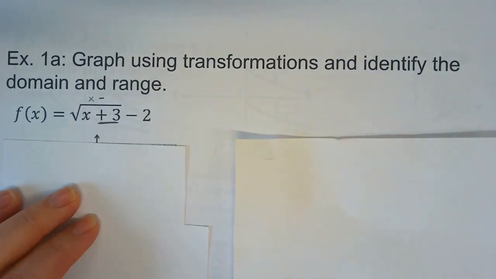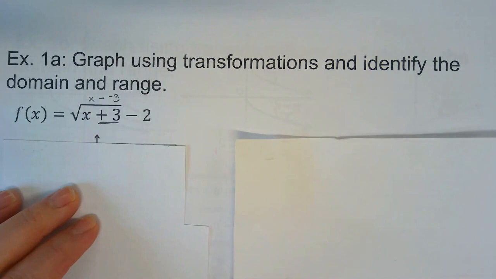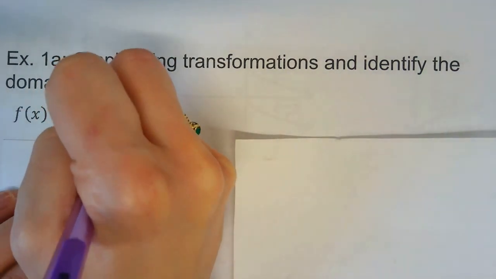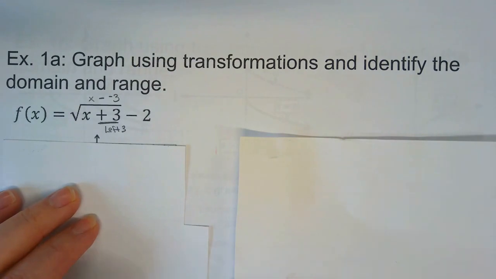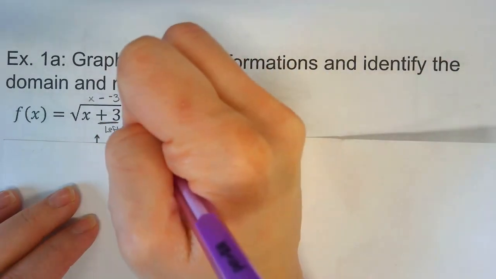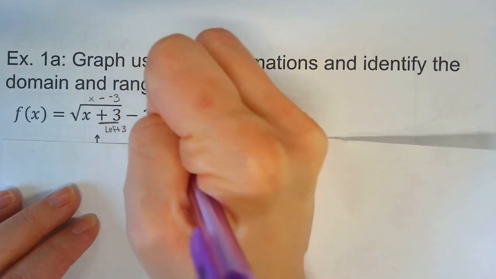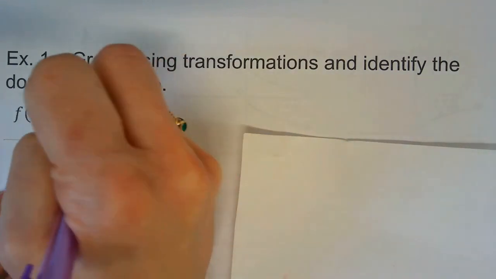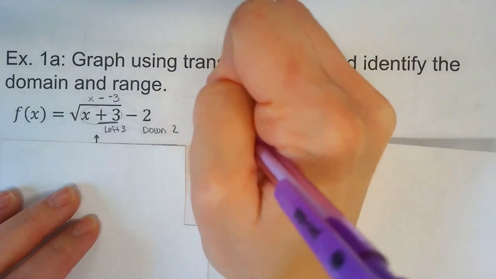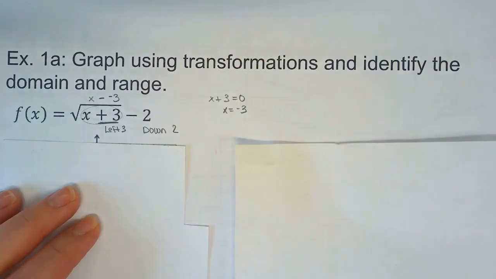So if they did plus 3, that means they put in a negative 3, and therefore I am going left 3. This one over here is going to shift you up and down. Since it's minus 2, I'm going to go down 2. You can also think of this as setting it equal to 0 and solving, and that'll tell you where it's shifting you on the x-axis.